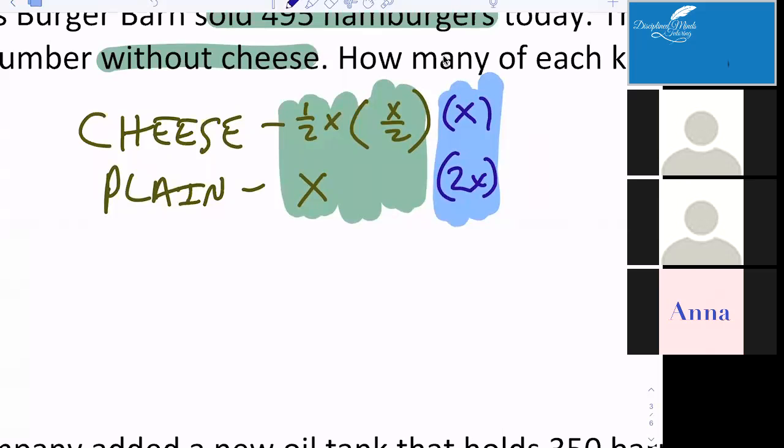What is the equation? Tell me. Come on, what's the X equation? X plus 2x equals 495. Thank you. You could also say 1/2 x plus x is 495. All right, thank you, Tucker. All right, being patient and listening is important. Everybody's good. X plus 2x equals 495.